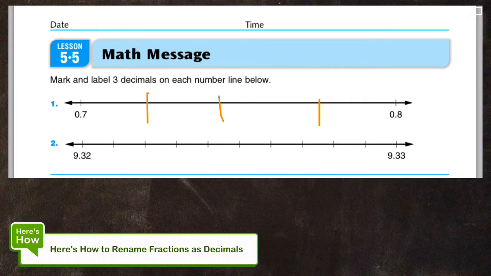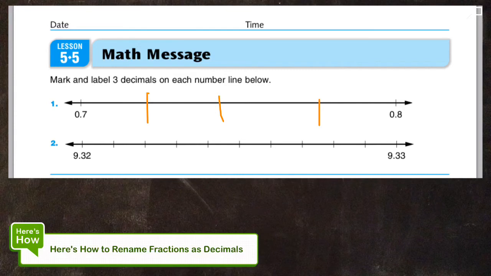In the lines below, we have 9.32 at one end and 9.33 at the other, and the tick marks in between are going to be numbers in the thousandths. That means that you are going to have to take your numbers out to 3 places beyond the decimal.